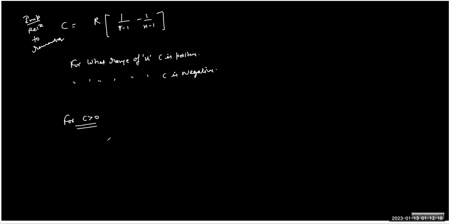Very good. See, the moment you make x less than 1, the second term may become negative. So minus of negative is positive, and the first term is anyway positive, right? So C is bound to be positive.